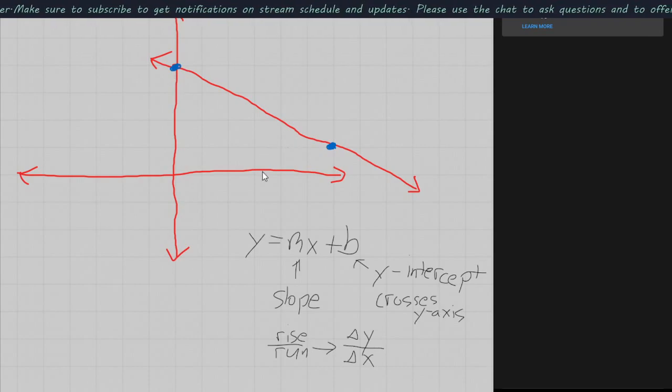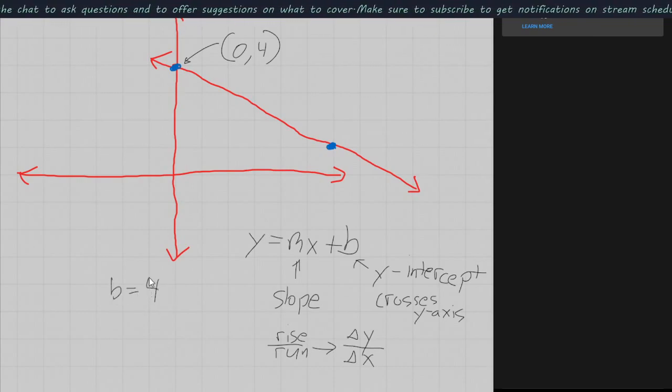So it crosses at the point 1, 2, 3, 4 we said. So if you were to write that as an ordered pair, that'd be 0, 4. It crosses the y-axis at a y-coordinate of 4. So that's what we're going to put in for b. So b equals 4. And it's positive, because it's on the positive side of the y-axis.